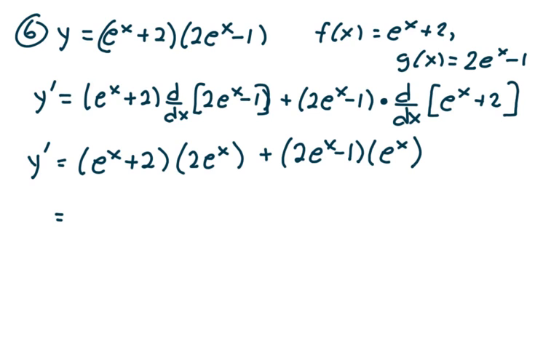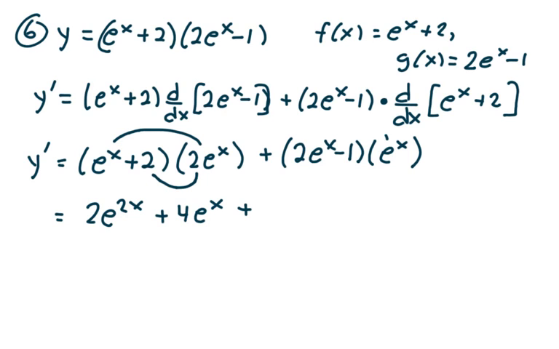And if we simplify this a bit, 2e to the x times e to the x is 2e to the 2x. 2e to the x times 2 is 4e to the x. So far I have 2e to the 2x plus 4e to the x.